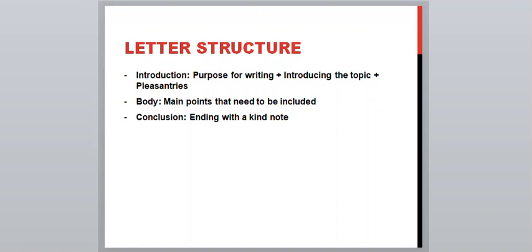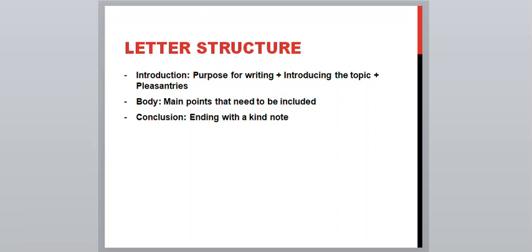You introduce it and you talk about it a bit, and you include some pleasantries in it. In an informal letter, for example, you can ask about the health of your friend or your family member, but you don't do this in a formal letter. In a formal letter, if you're writing to a company or to a boss or a teacher, you don't really ask how are you doing, or say something like that.